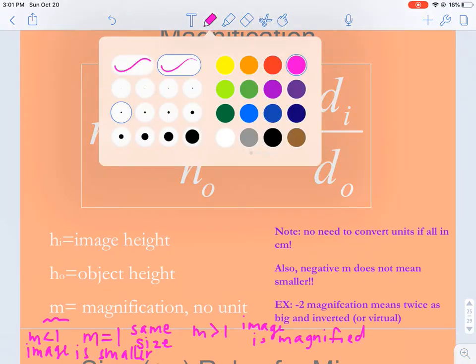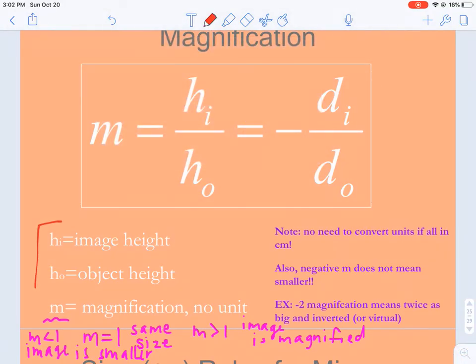So that's M. H stands for heights: height of image, height of object. And the D's are what we had before: image distance, object distance. Notice there's a negative here. The negative does not mean smaller. In fact, it usually aligns with inverted or upright.